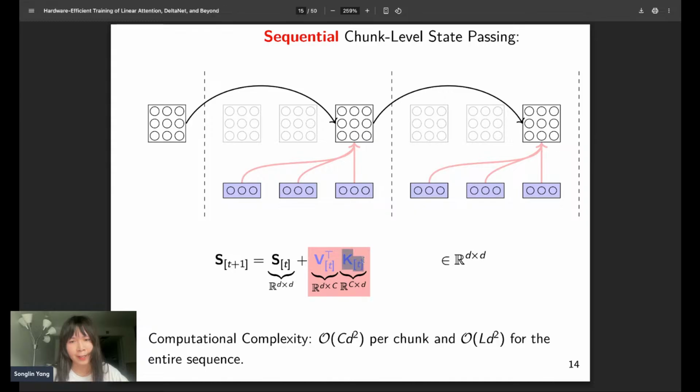Here we have the key block and the value block of size C by D. We take the transpose of the value block, and then take the dot product and marginalize over this chunk size dimension. So we obtain a D by D output, which is of the same size as the recurrent hidden state. Then we just sum up these two terms to achieve this state update.